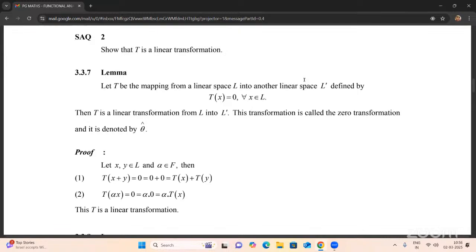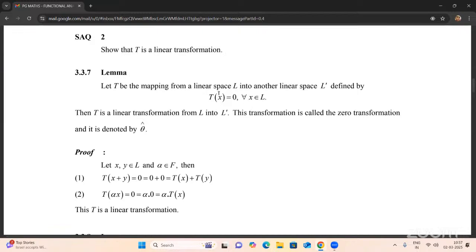The third unit is for the boundedness of the linear transformation. So thoroughly practice the first three units, then you can easily succeed in the final examination. There is no doubt.